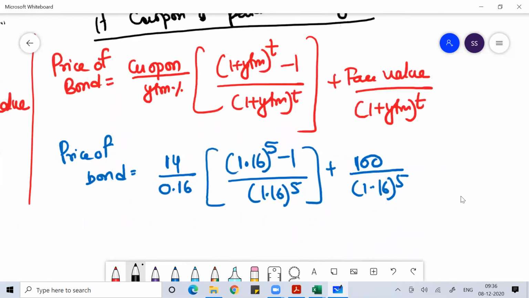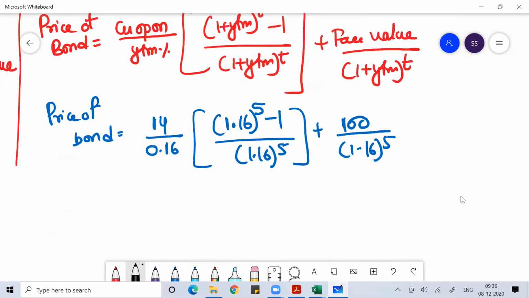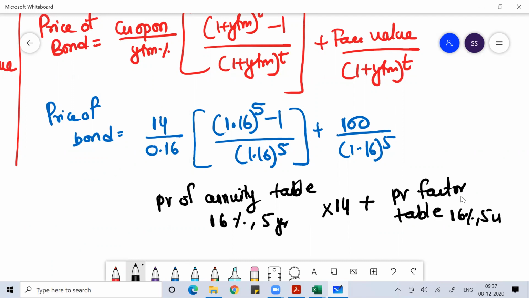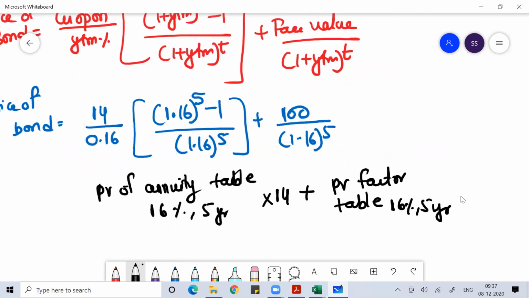For solving this, use the annuity table. You can use the present value of annuity table and check 16% for 5 years, and multiply that with 14. Plus, check the present value factor table, check 16% for 5 years, and multiply that with 100 rupees.